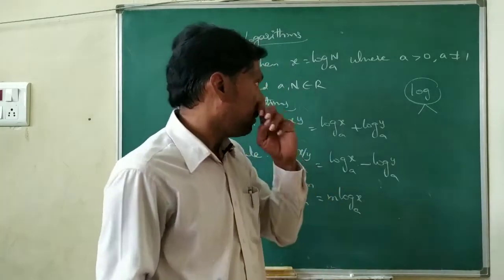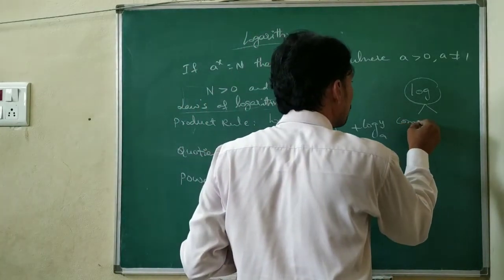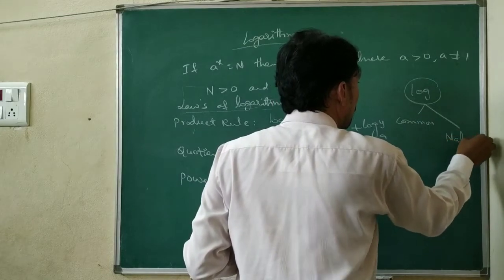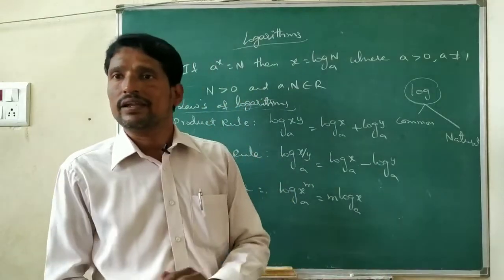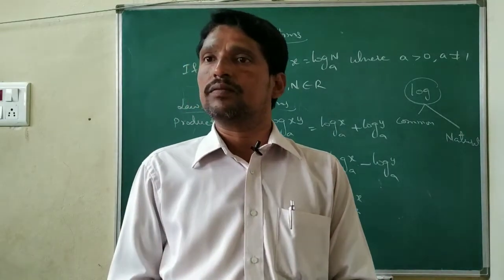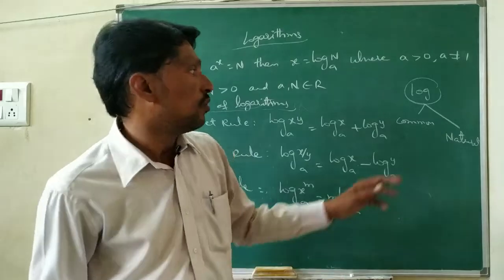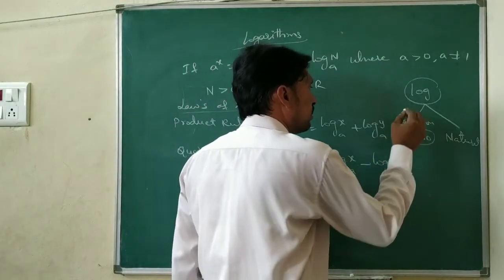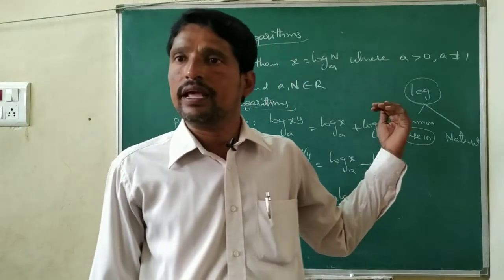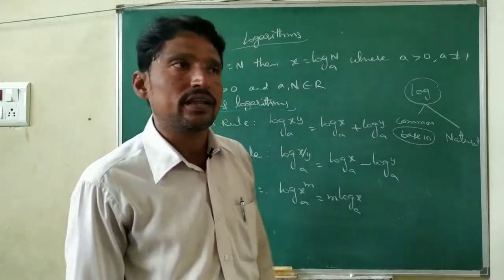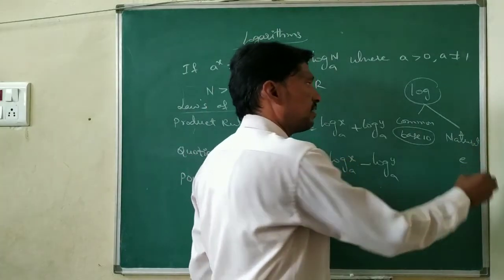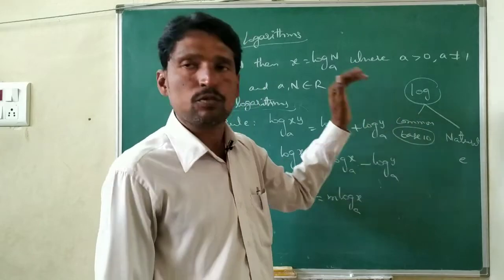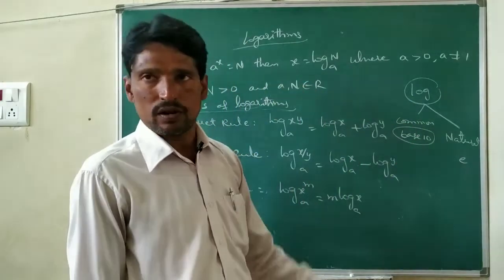In the common logarithm, we take base 10. In the natural logarithm, we take base e. Up to here we are discussing only the common logarithms.